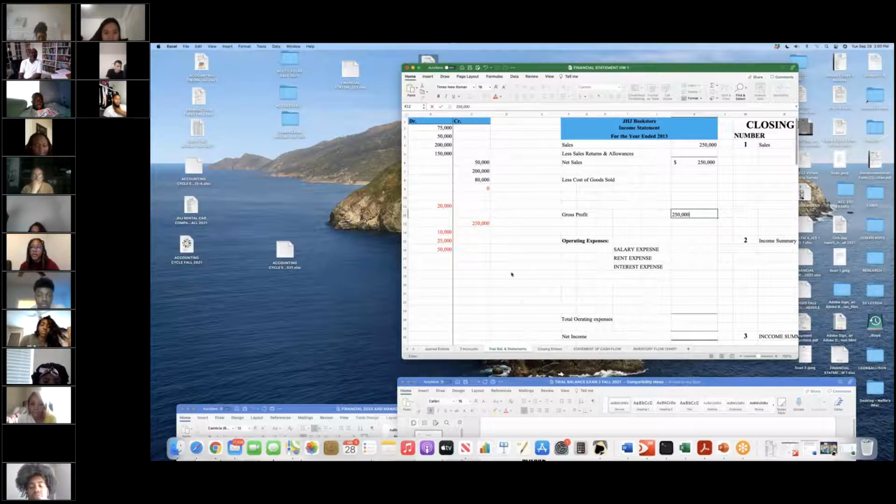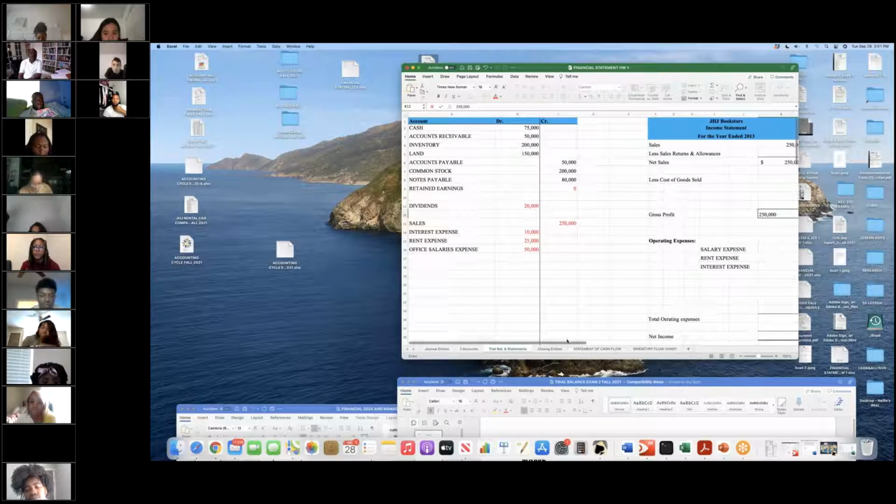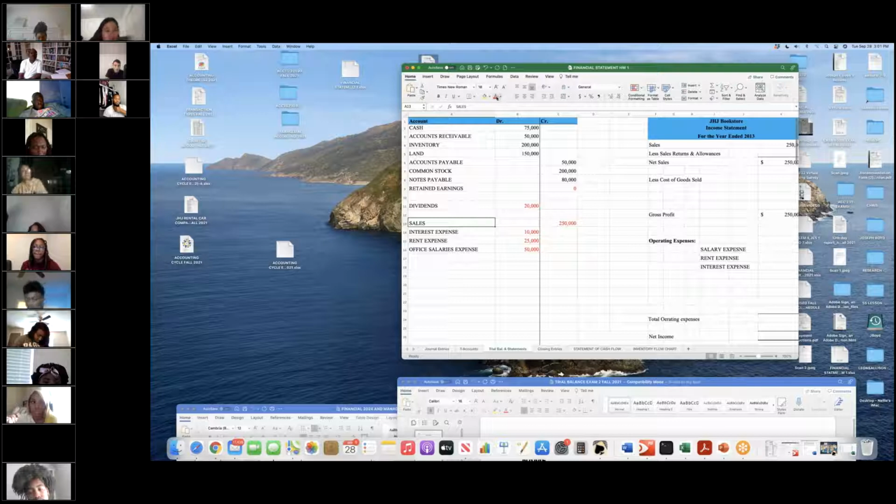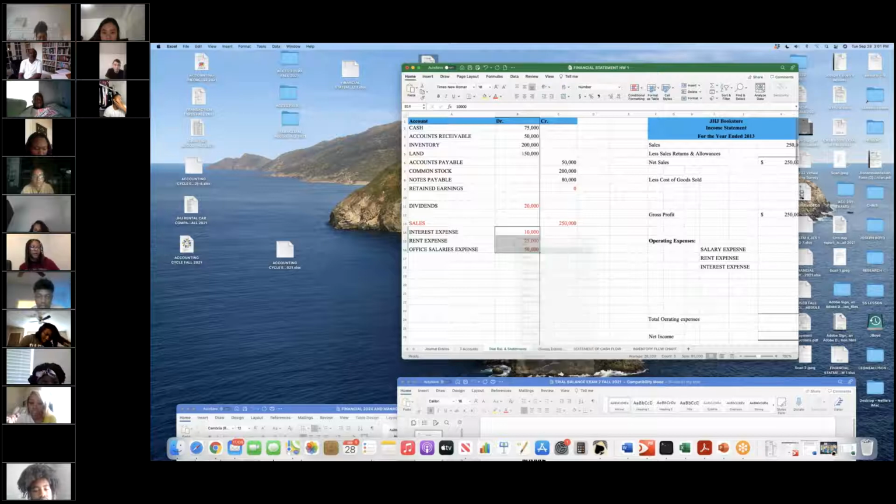Take the operating expenses and copy and paste them. So these are the operating expenses here. And we said that the income statement is going to consist of everything from sales on down. So we can copy these numbers and put them in here.